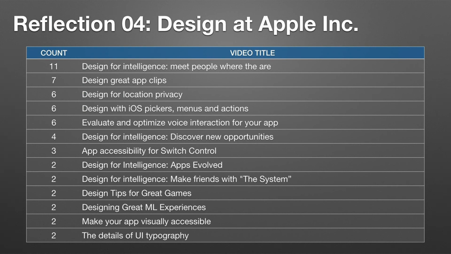I think probably the design with the iOS pickers, menus, and actions turned out to be a really good one for anyone who watched that, in terms of they discuss a lot of the concepts that we looked at in class, and talking about it in the context of changing things in iOS, and I think a lot of you pointed that out. That was really good to see, and to see how these things play out in the real world on a major platform.